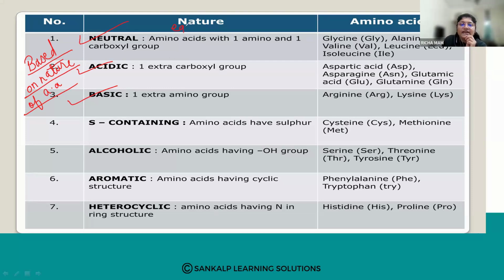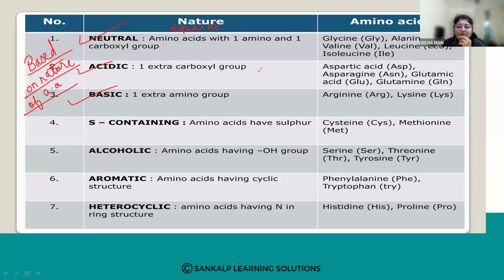Neutral means they have an equal number of carboxylic acid and NH2 groups. The examples can be glycine, alanine, valine, leucine, isoleucine. Any one example you can give. There can be a question like this: what is a neutral amino acid? At that time you have to explain with one example.